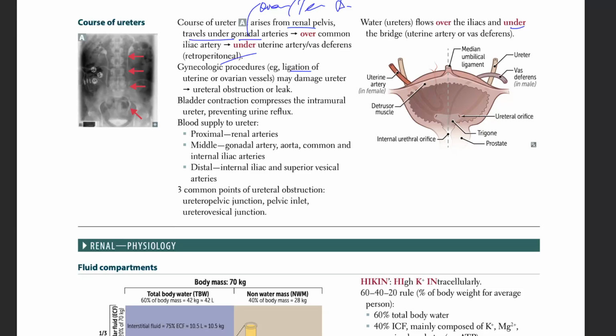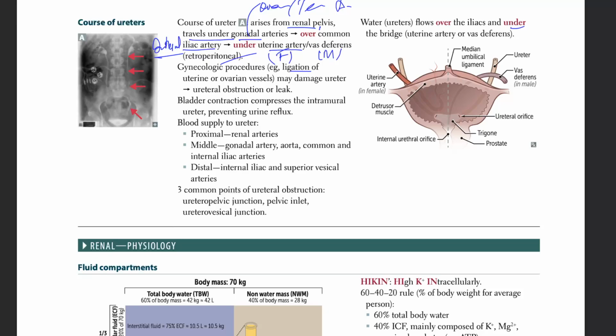Anterior to, and this is going to become anterior to internal iliac artery. Which leads to under the uterine artery, which is in females, or the vas deferens, which is in males. Okay.